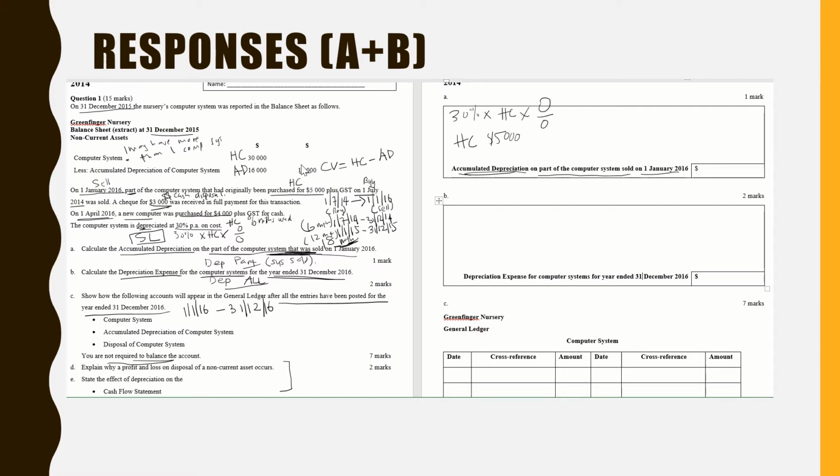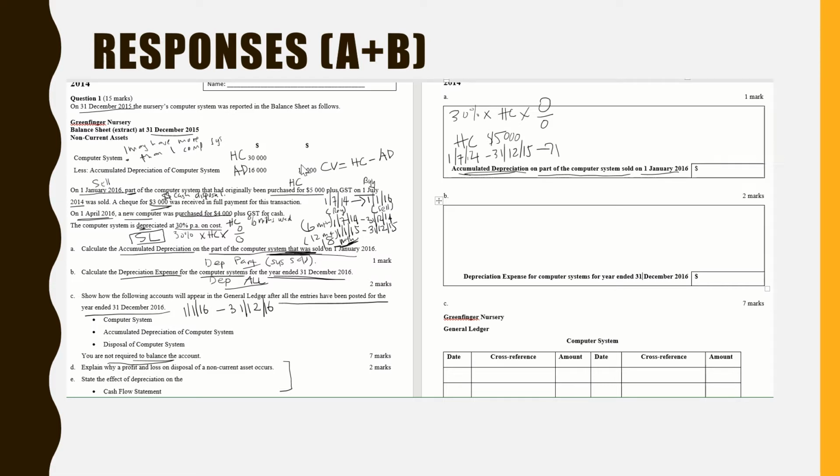We've also worked out that it was purchased on the 1st of July 2014, and it was used all the way to 31st of December 2015. That's just the day before it was sold on 1st of January 2016.